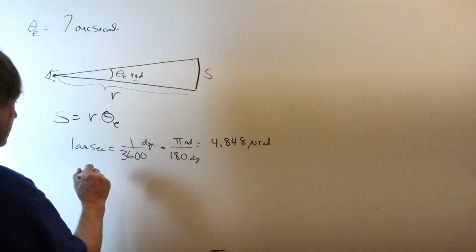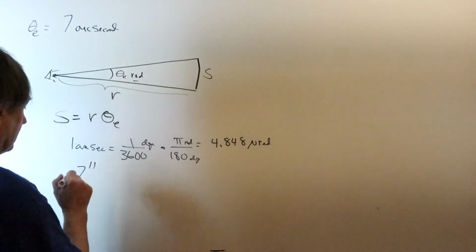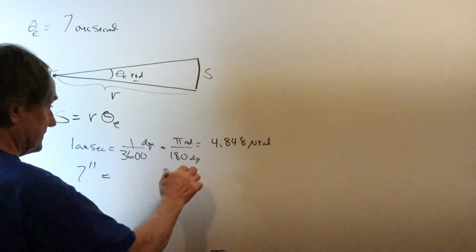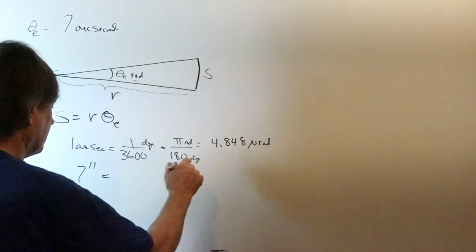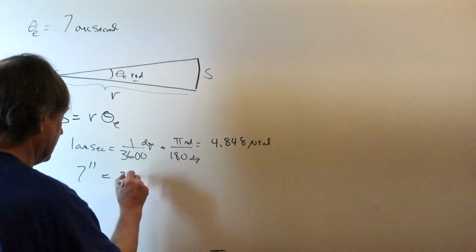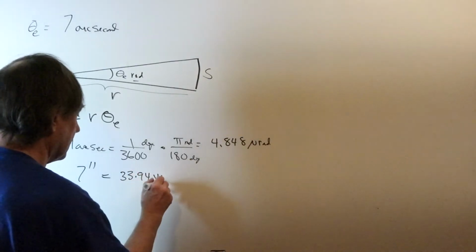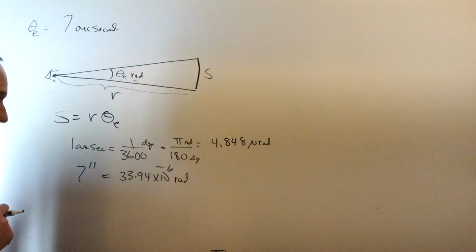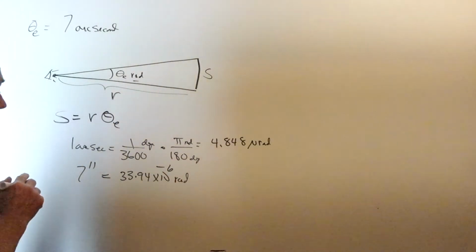So 7 seconds of an arc, we can use that. 7 seconds is 7 times this, or 33.94 times 10 to the minus 6 radians, or 33.94 microradians.